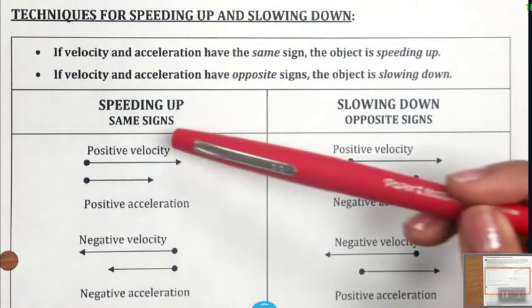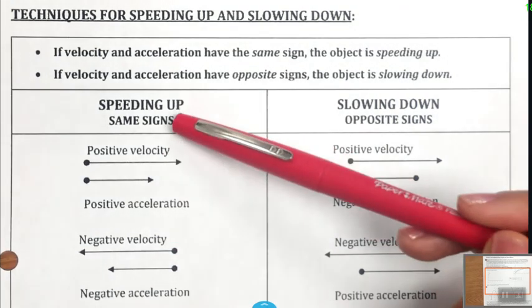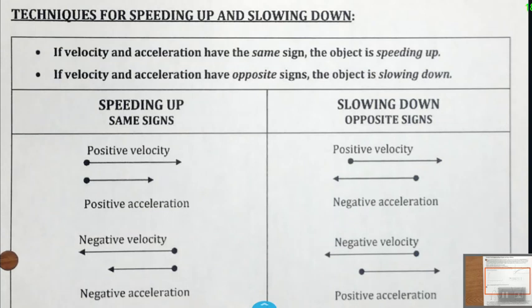If you're moving with a positive velocity and speeding up, that means your acceleration is also pushing you forward in that same direction. So your velocity and acceleration have the same signs because they're working in conjunction with each other.